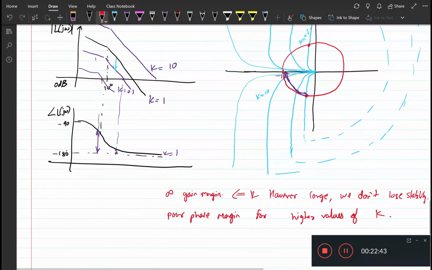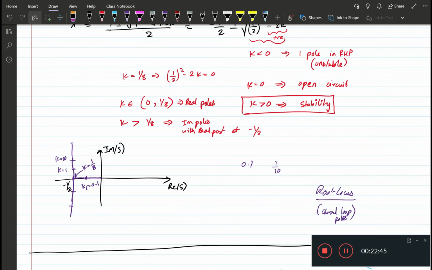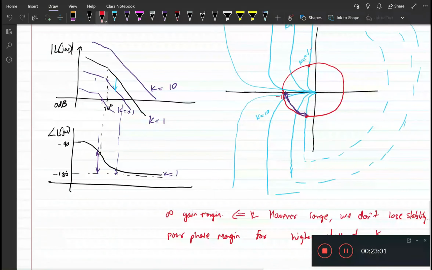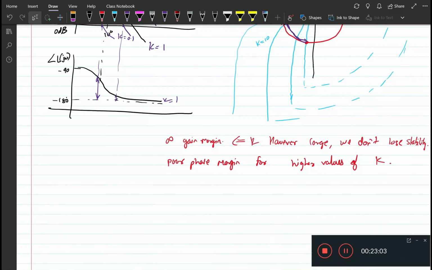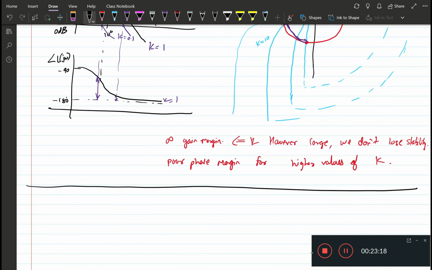In some sense we saw that in the root locus already, that for any positive k we would always be stable. But for larger values of k, we would have high frequency oscillations, and in the Nyquist plot we see that for higher values of k we have poor phase margins, so a small phase lag could make the loop unstable. So this is again just a review. Now let's look at some results.